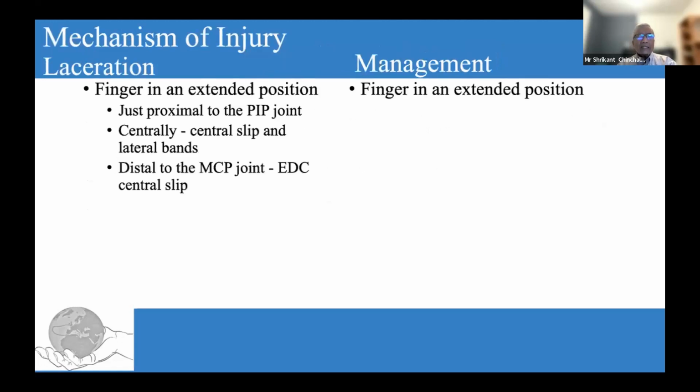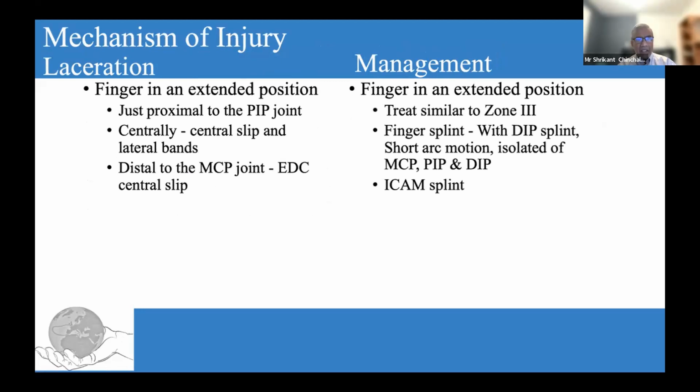So based on the mechanism of injury and our understanding of the anatomical structure, the management is somewhat the same. If it is just the central slip, the management is similar to zone 3, which I have described. If there is a central laceration which involves the lateral bands, we must provide these patients with a full finger splint, with a DIP splint for mobilization, allowing these patients to perform a short arc of motion, because all these patients require surgical repairs.